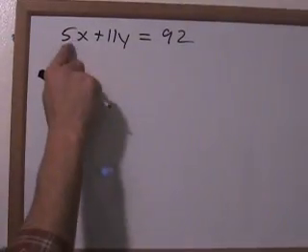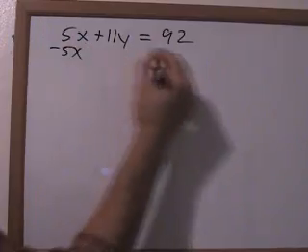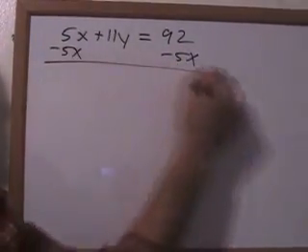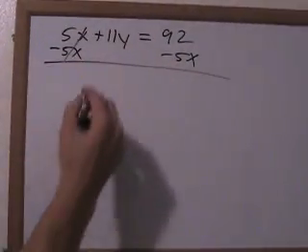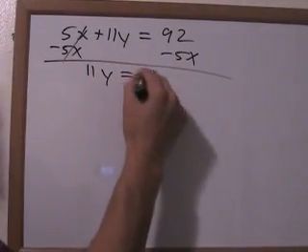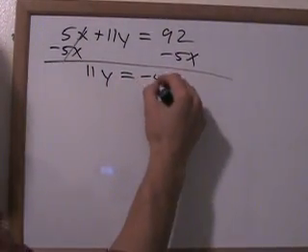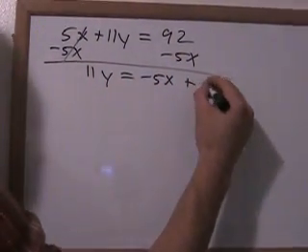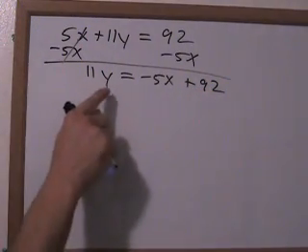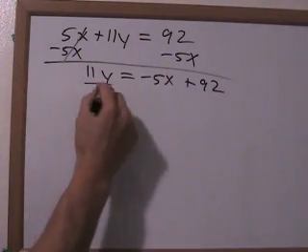So now let's get this y alone. I'm going to subtract the 5x's on both sides, and those are gone. So I have 11y is equal to negative 5x plus 92. Now I need y alone, so I'm going to divide by 11.